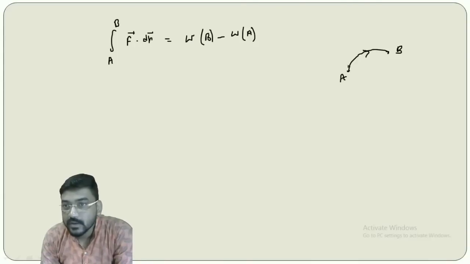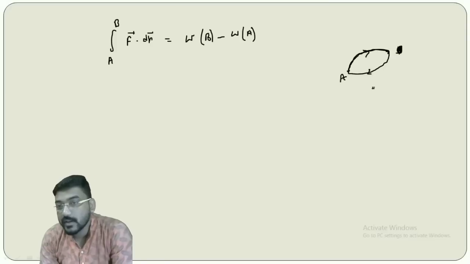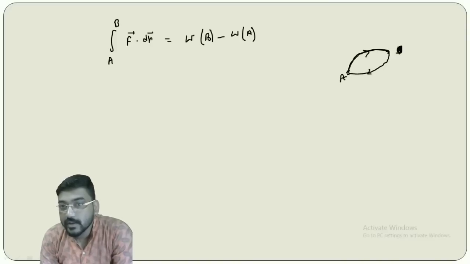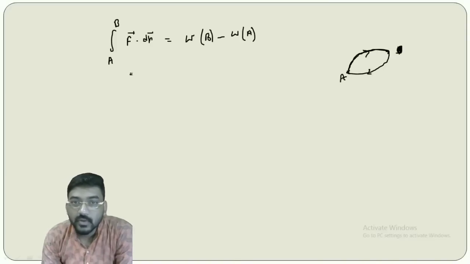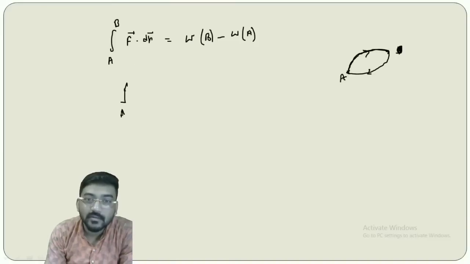Now, instead of this one path, if we take a closed path like this, it starts from a and ends at a. So the starting point and the final point are the same. We can write it as the integral from a to a of f dot dr, and that will be w at a minus w at a.